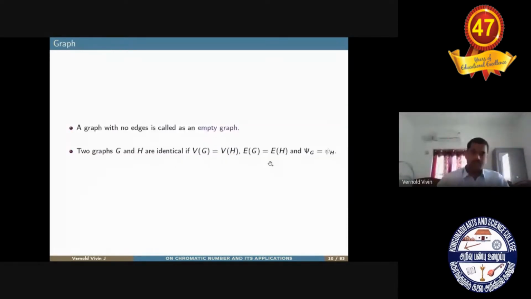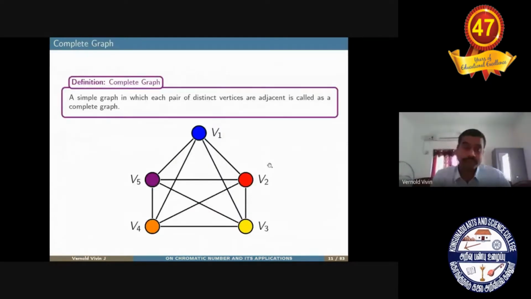Okay. Next, we go for a complete graph. A simple graph in which each pair of distinct vertices are adjacent is called a complete graph. So here you can find the vertices V1, V2, V3, V4, V5.